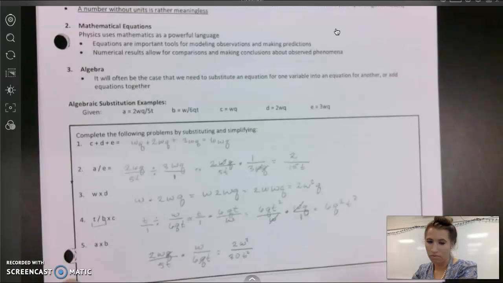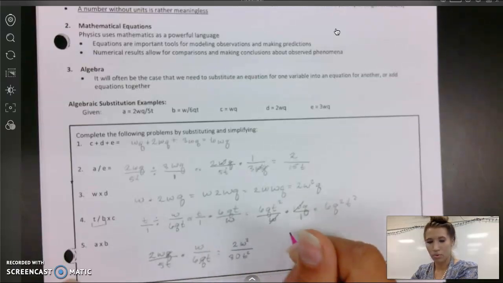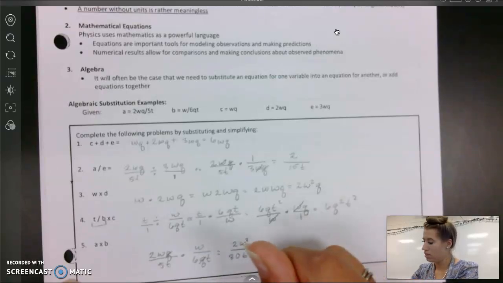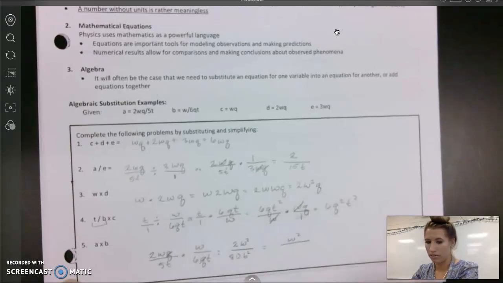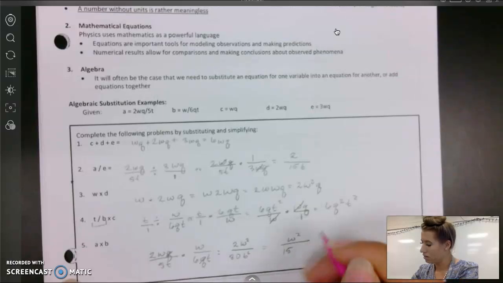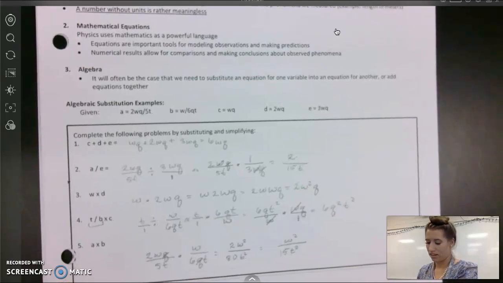And we can reduce that down. We can change that to 1W squared over 15T squared, or just W squared, the one is implied already, over 15T squared.